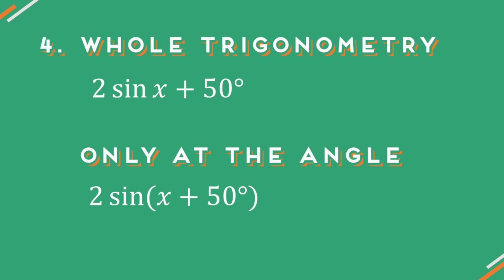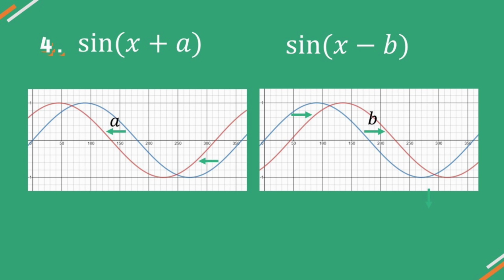Without them, we can assume that the operation is for a whole trigonometric function. While for the angle, this operation will shift the whole trigonometric graph parallel to the x-axis. Addition will make the graph shift to the left, while subtraction will make the graph shift to the right.